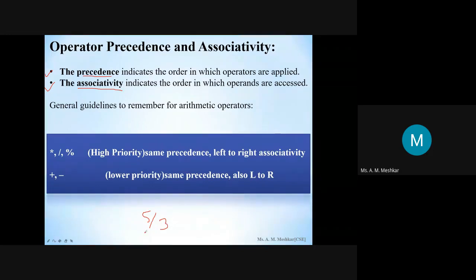That is the associativity. Actually we divide 5 by 3, so it is left to right associativity. You must keep in mind these two things while evaluating any expression: precedence of the operator and associativity of the operator.